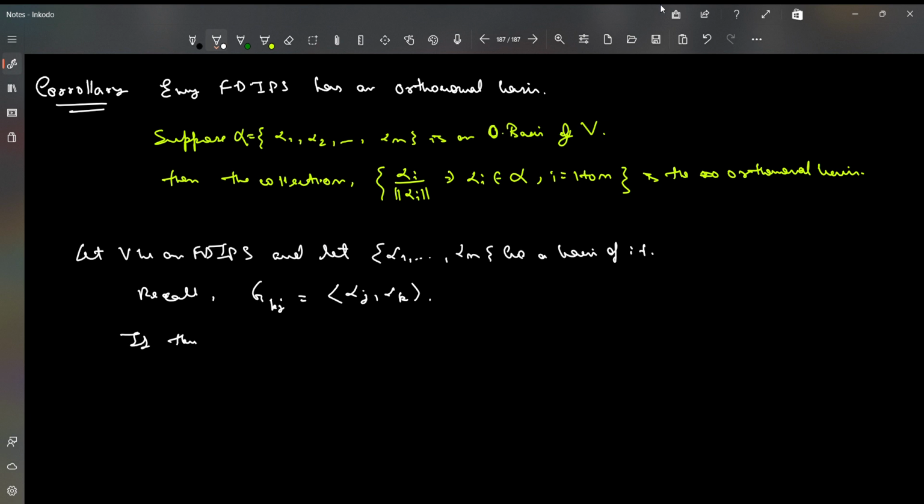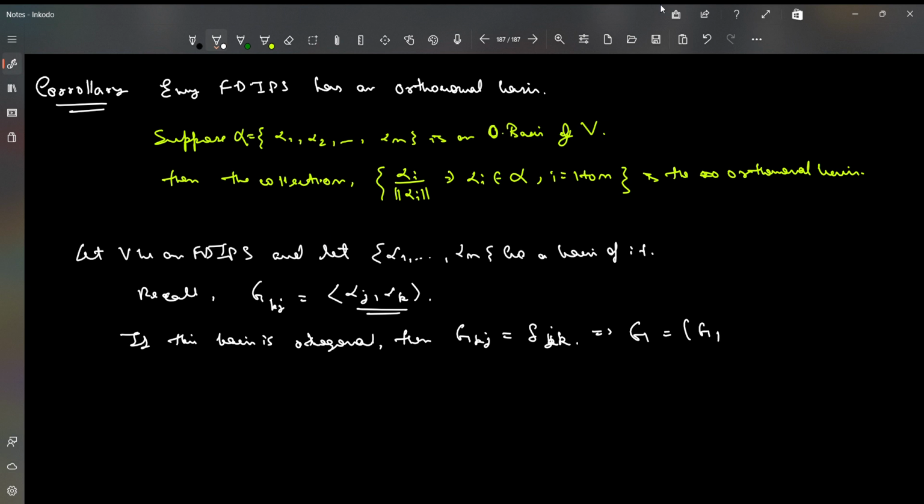So now if this basis is orthogonal, then what is the precise value of G_kj? It is delta jk, or delta kj, whatever.